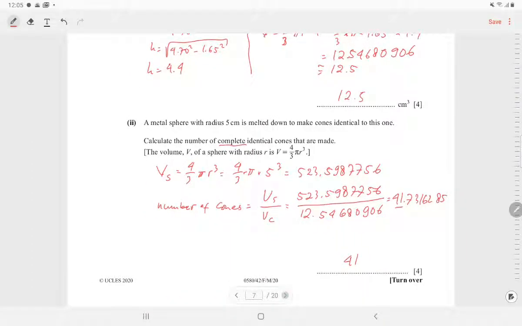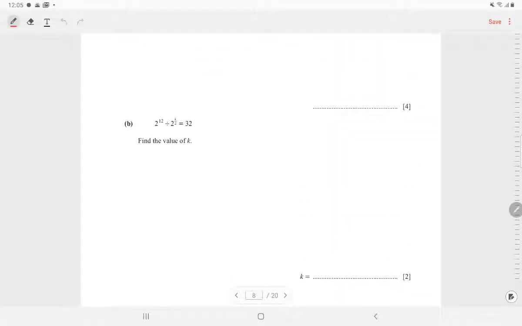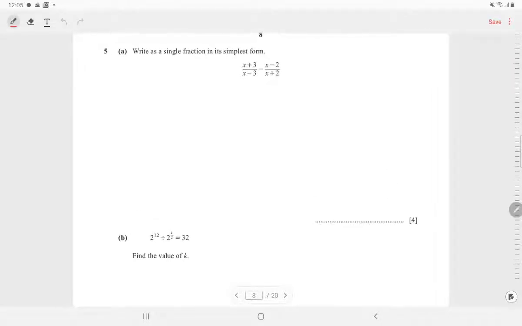Okay, next. This is algebra. Make it into a single fraction. So the denominator is x minus 3 times x plus 2, and the numerator is x plus 3 times x plus 2 minus x minus 2 times x minus 3.